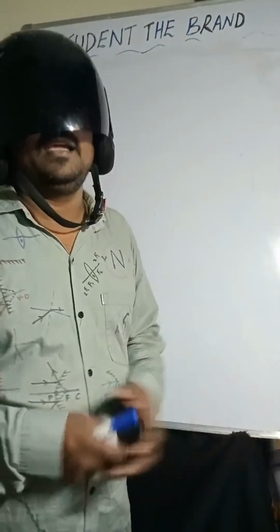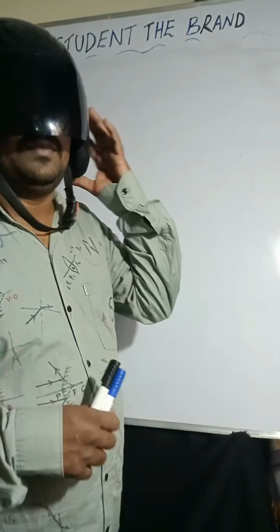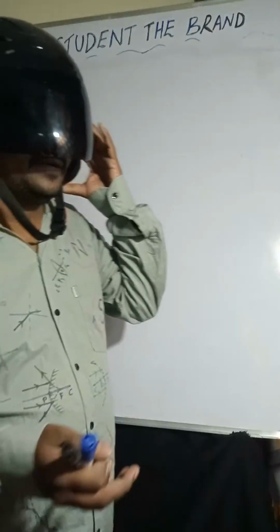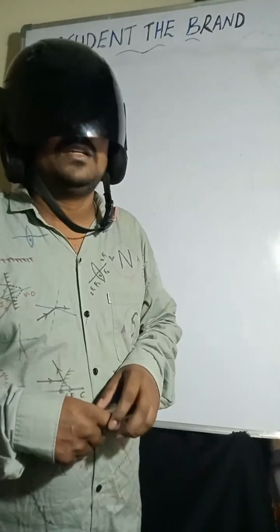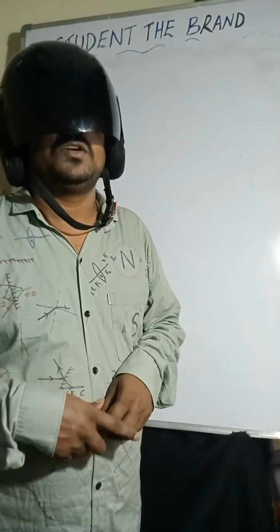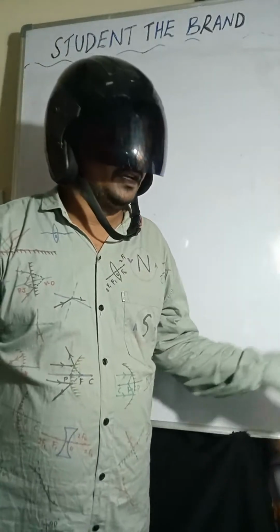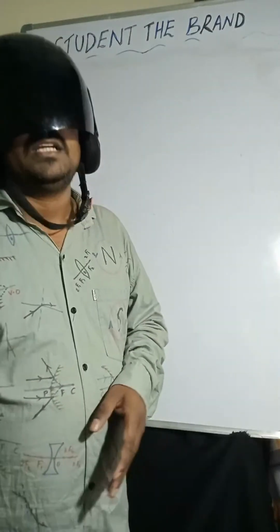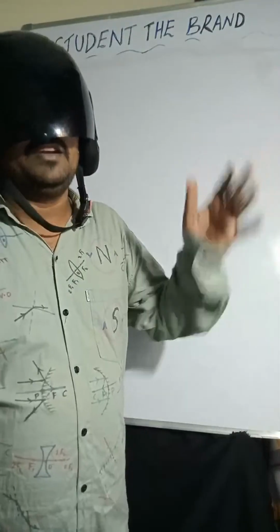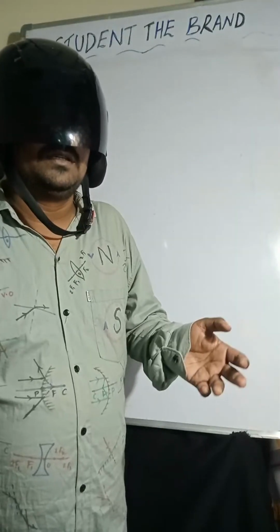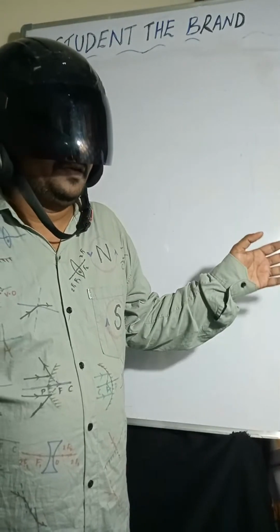Now we can see the positive terminal has red insulation and the negative terminal has black insulation. The potential of the live wire is 220, the potential of the neutral wire is 0, and the potential of the earth wire is 0. The potential difference between the live wire and the neutral wire is 220 volts. I hope it is very clear.